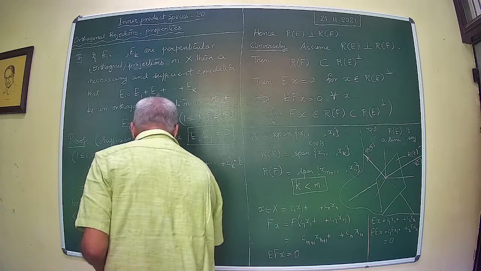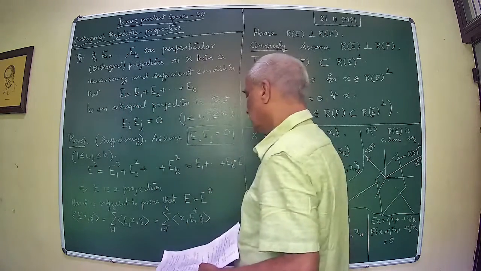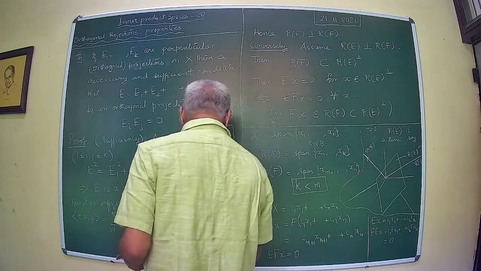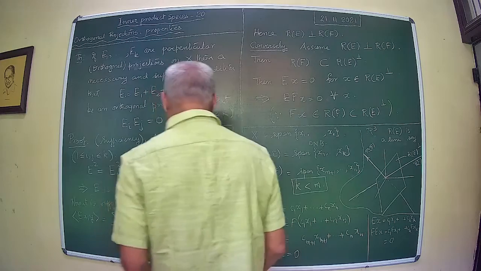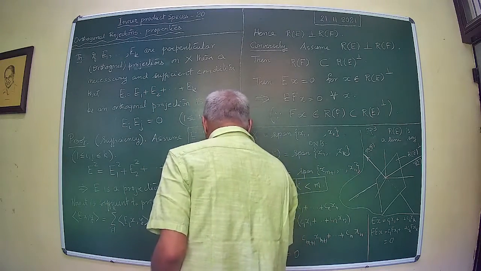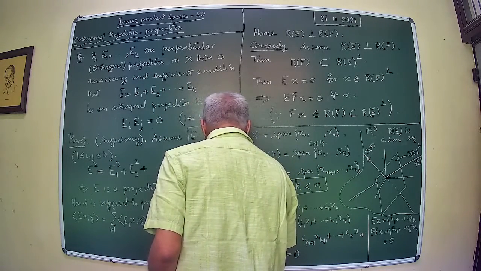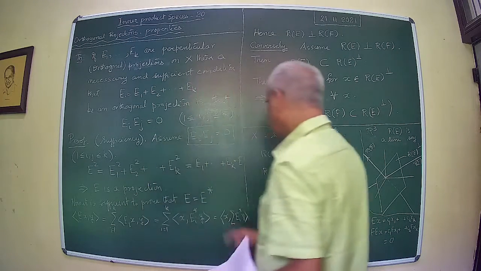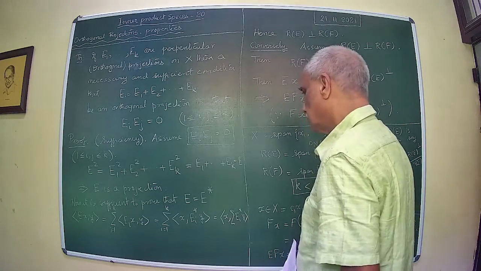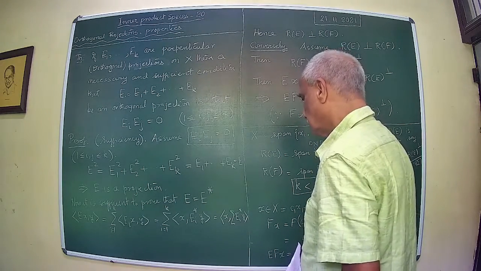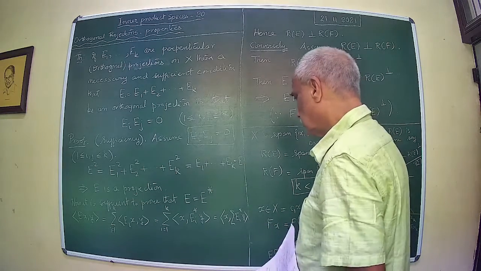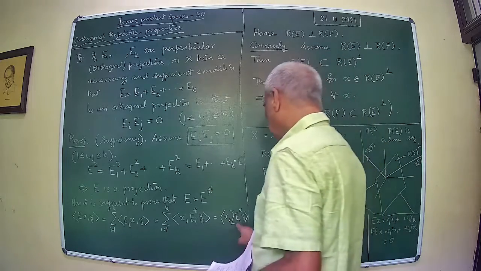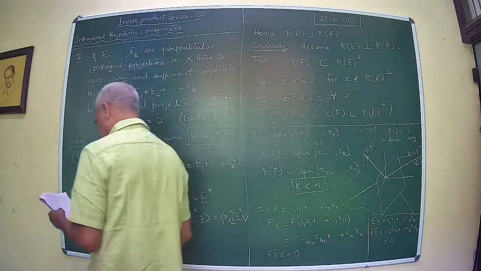and that is essentially inner product of x with sigma Ei star y. And what is that? Ei star equal to Ei.